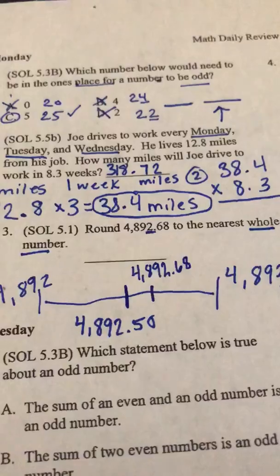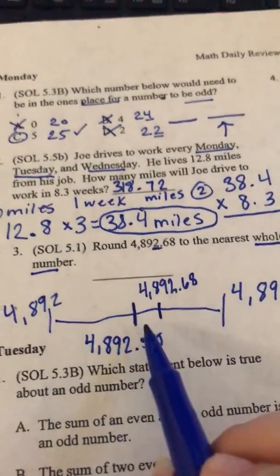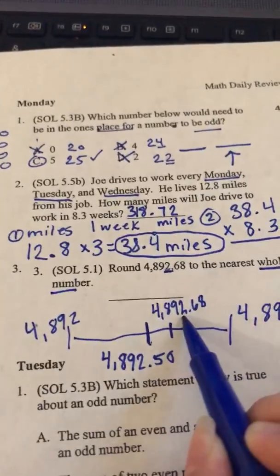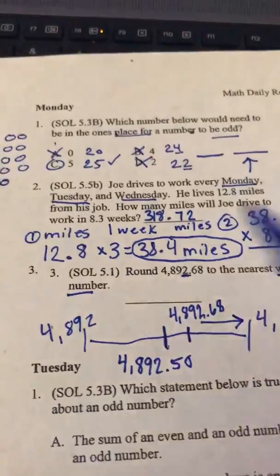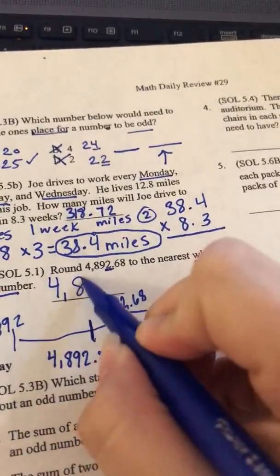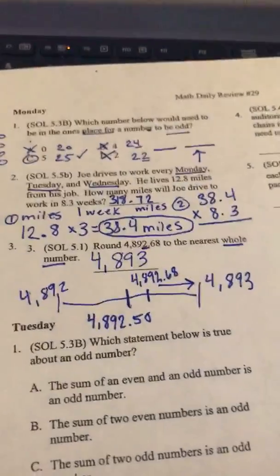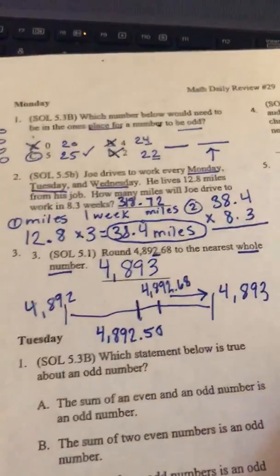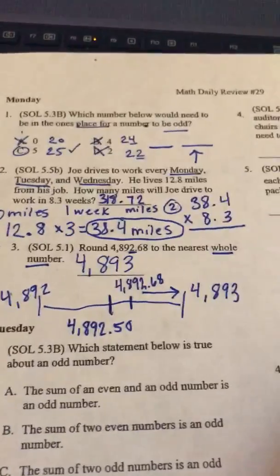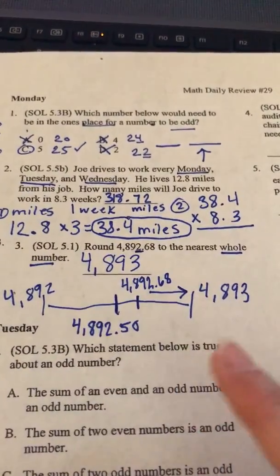A little more than 50 cents, but less than the next dollar amount. So if I'm using the halfway benchmark to round, I am closer to 4,893. And that's how you round to the whole number. If you wrote 5,000, then you did not round correctly. Hope that number line visual was helpful for you all.